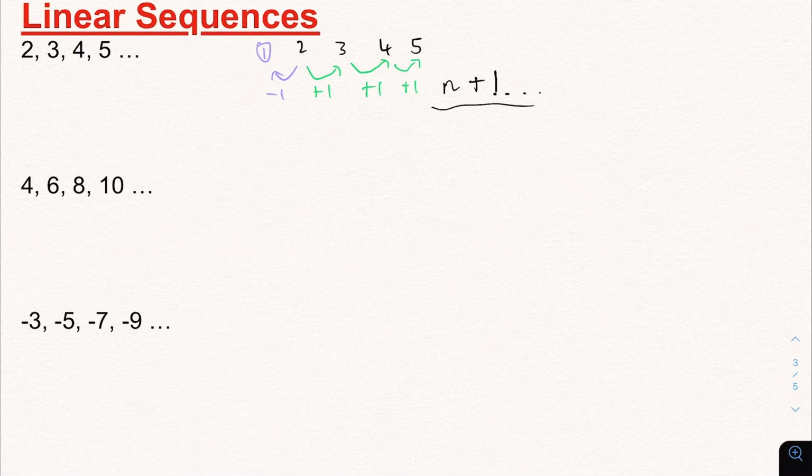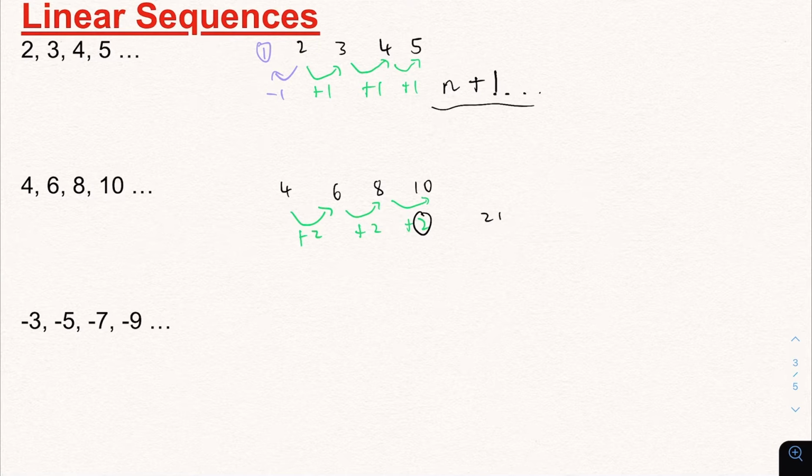Alright, so the second one, you do the same thing. The sequence is 4, 6, 8, 10. To get to 6 from 4, you add 2. 6 to 8, you add 2. 8 to 10, you add 2. So you see this 2, you multiply that by n.